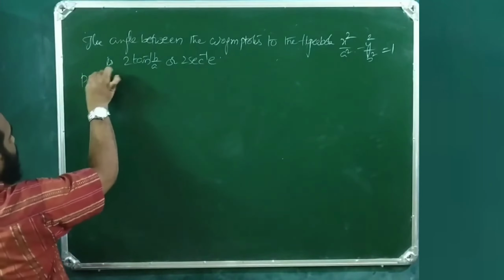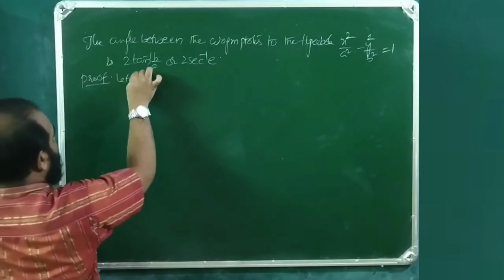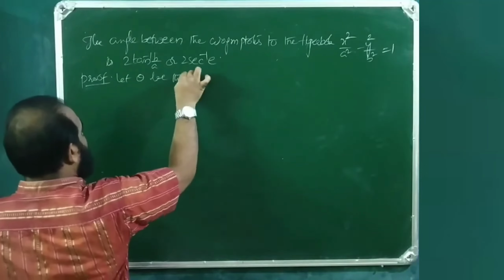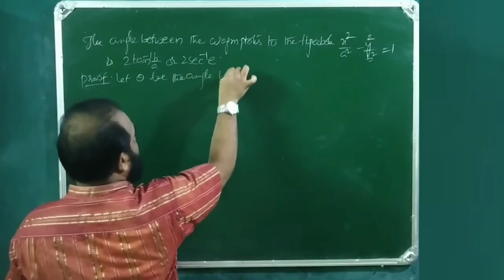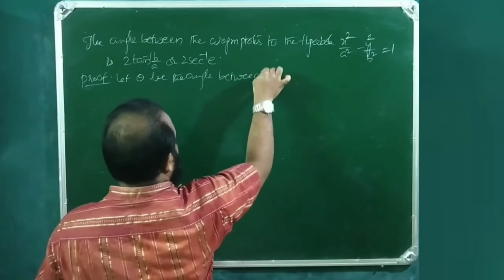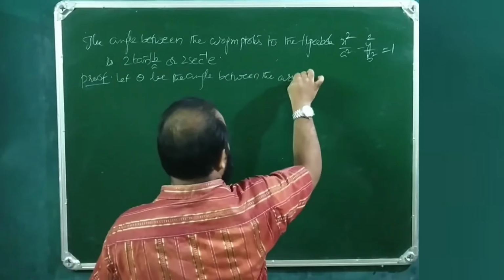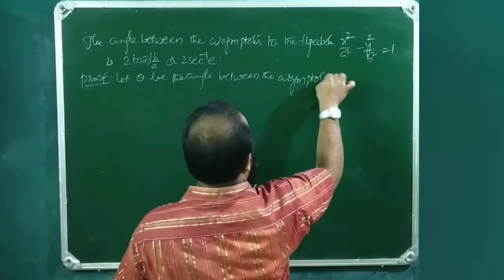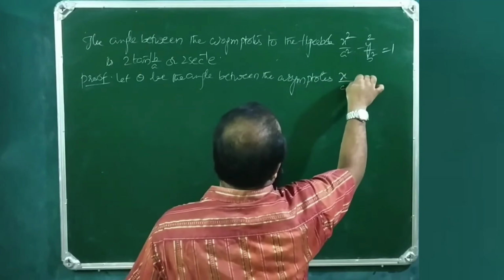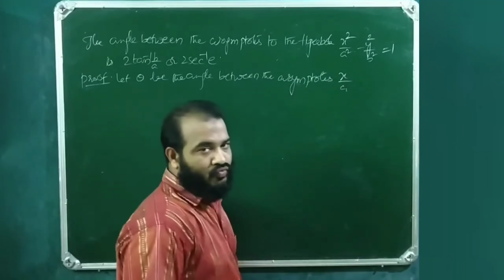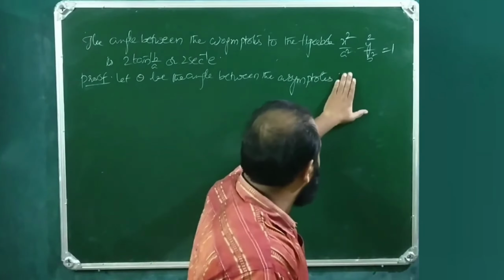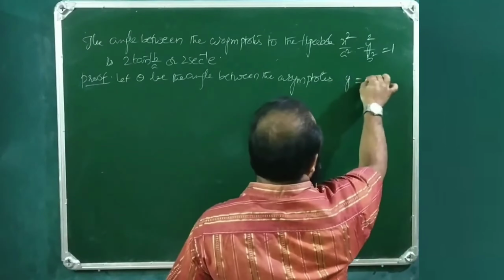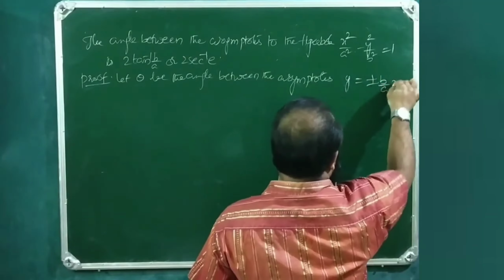Let theta be the angle between the asymptotes x by a plus or minus y by b equals to 0. In other words, y is equals to plus or minus b by a into x.